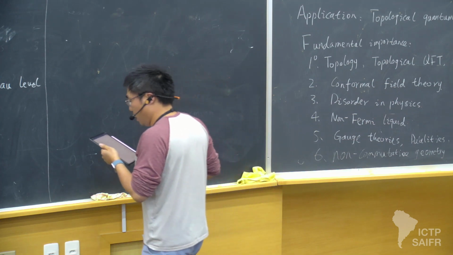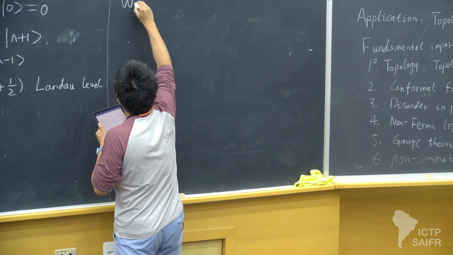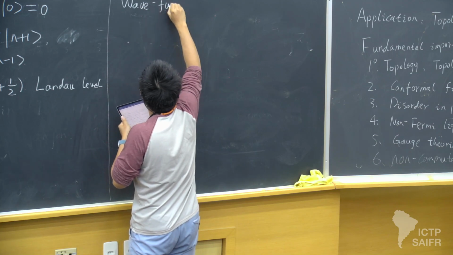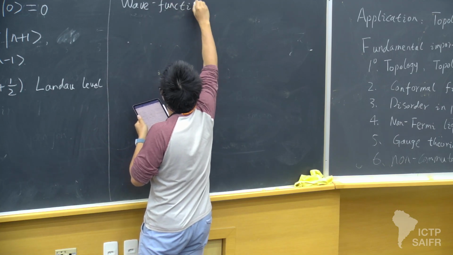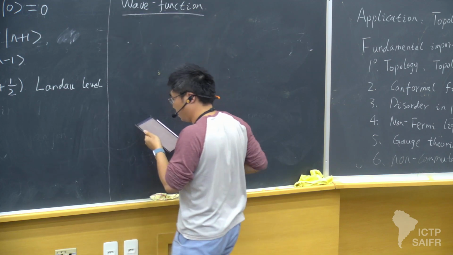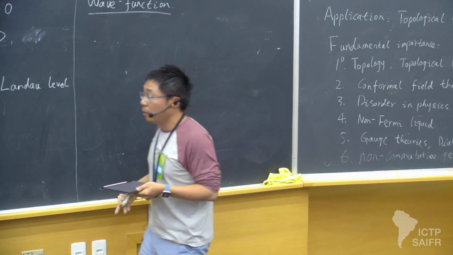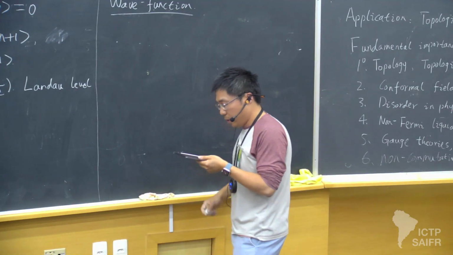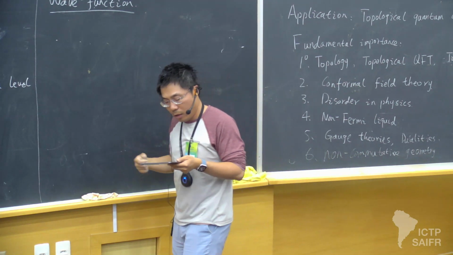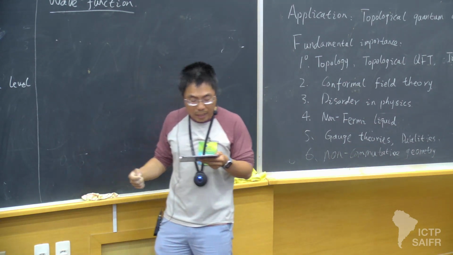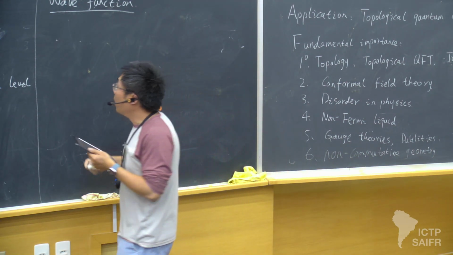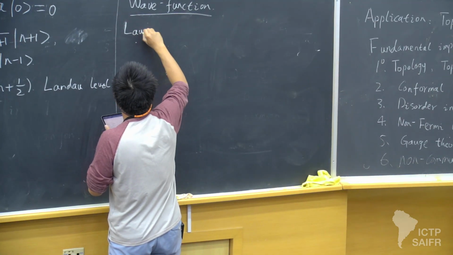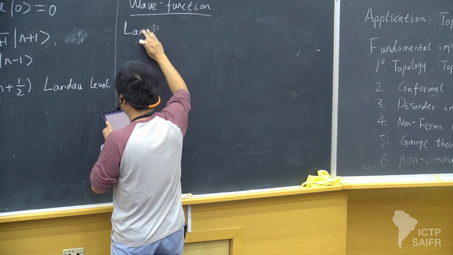All right, so now let's think about the wave functions of those states. Again, we want to solve that Hamiltonian that I wrote there. And as you may know, the first thing we need to do is choose a gauge. So I would first choose the so-called Landau gauge.